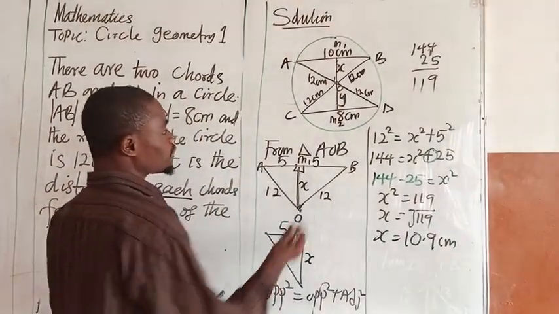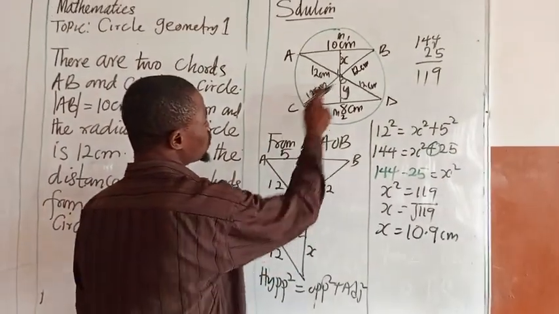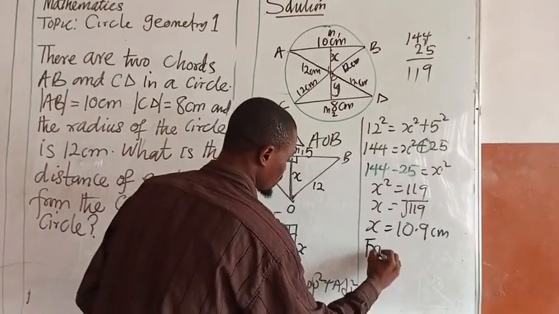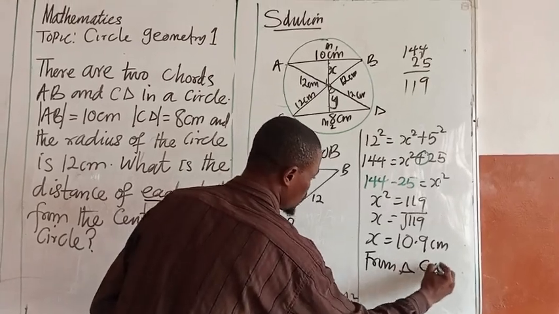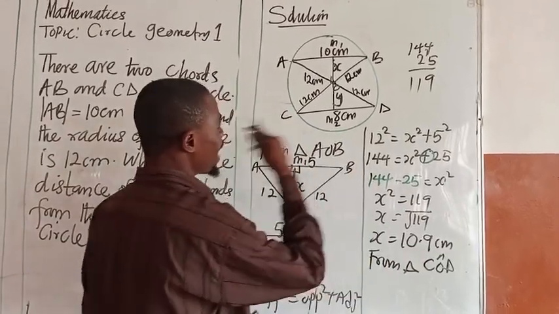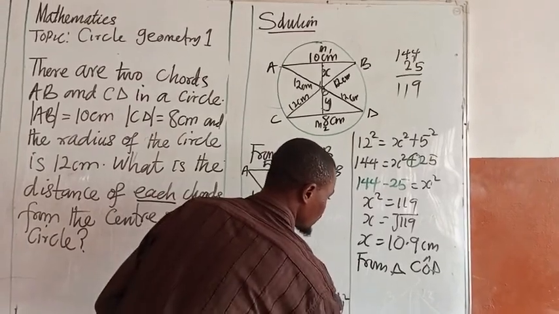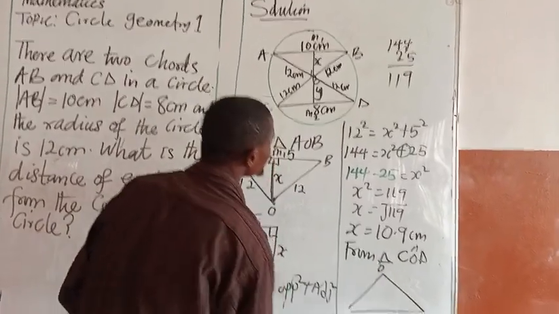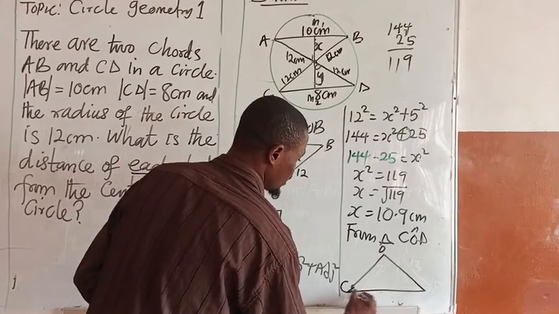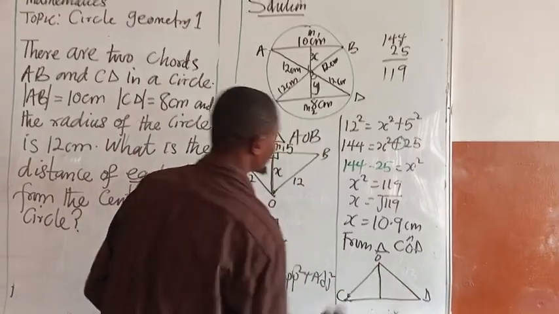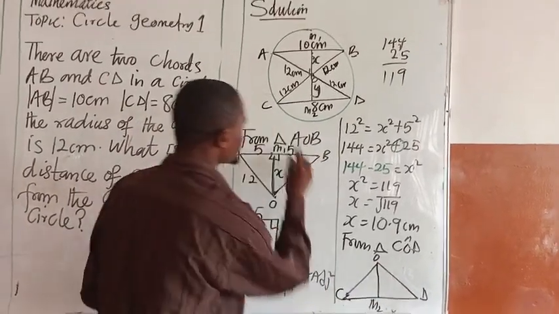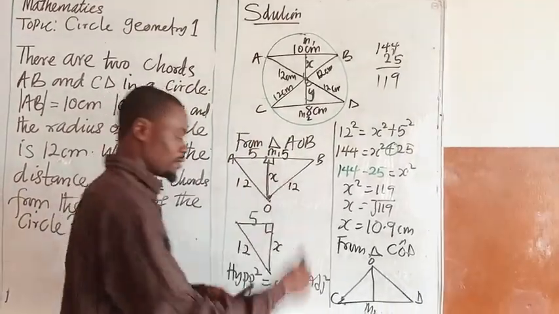For the second one, we still use the same thing from triangle COD. We have something like this. Here is O, here is C, here is D, and there is a vertex here. Here is M2. From here to here is 8 centimeters, which means half of it is 4.